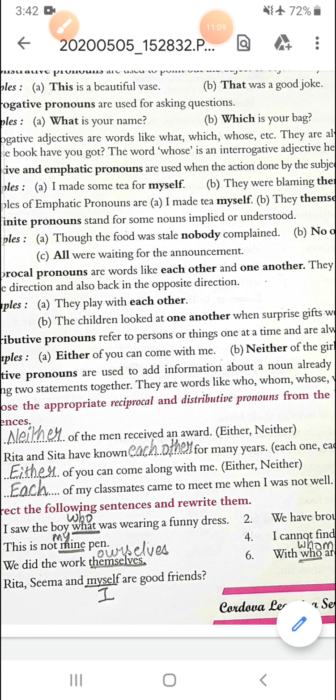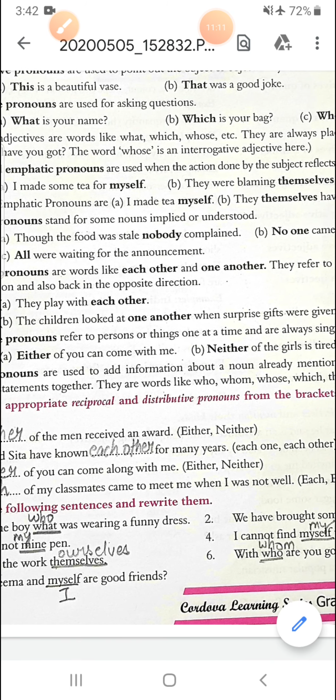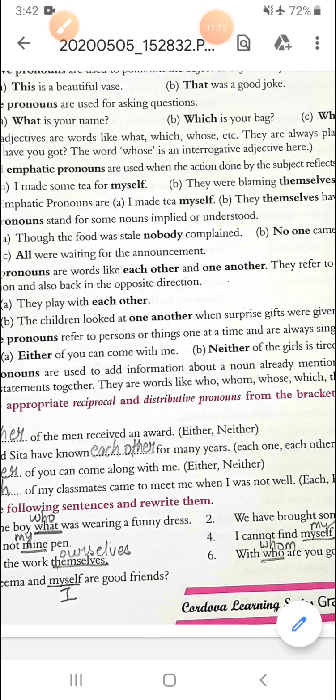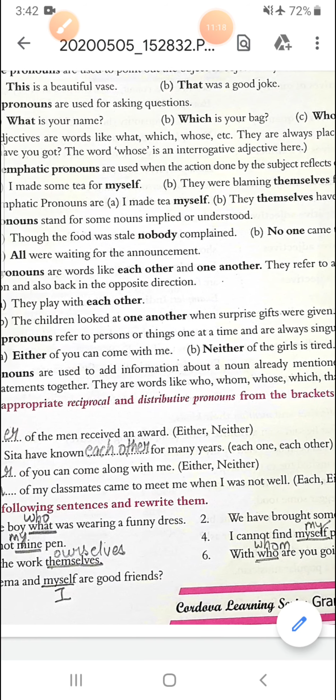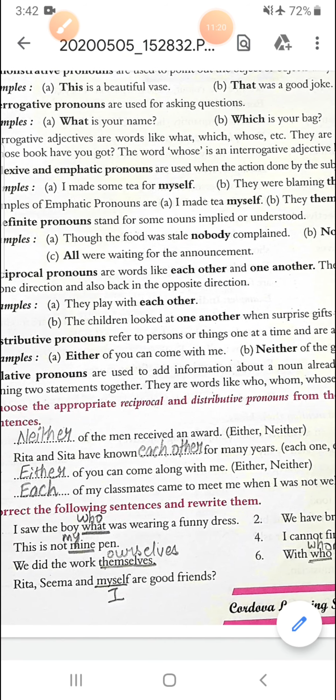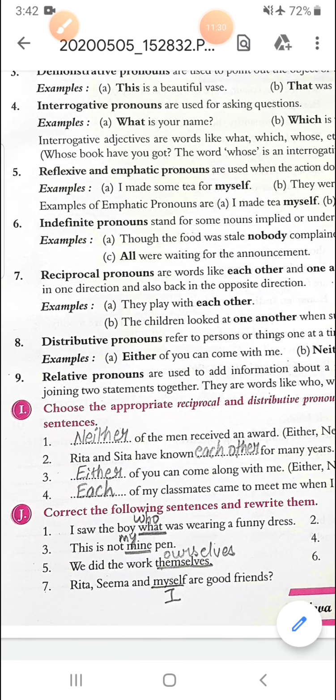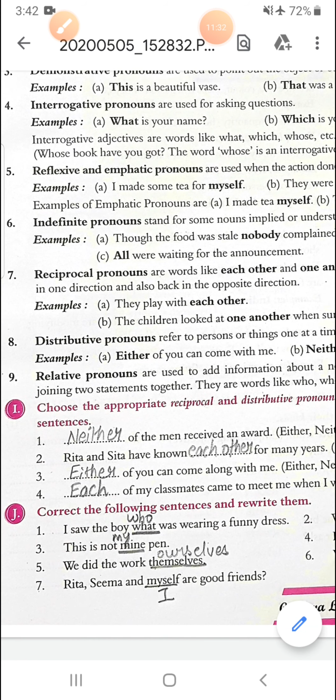Then B is the children looked at one another. They looked at one and they looked at another person also when surprise gifts were given. So here one direction and also back in the opposite direction are used together, and these two are only examples of reciprocal pronouns. Then eighth one is distributive pronouns.